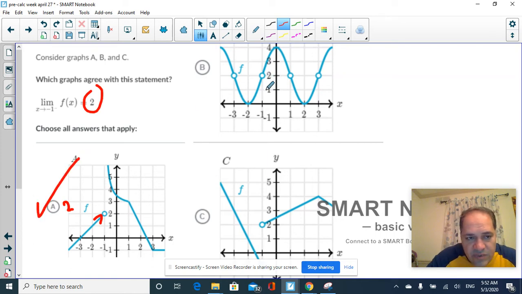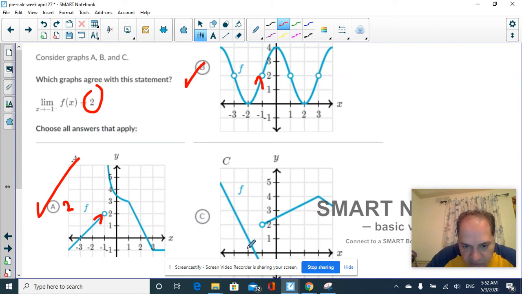Let's try the other ones. We have x tending to -1 from the left. This is correct also. It's approximately 2. X tends to negative 1 from the left, so this is correct.